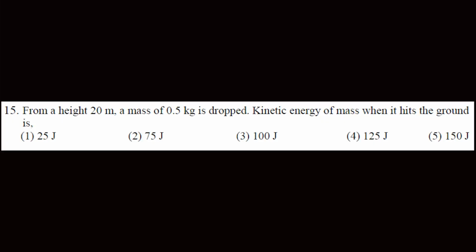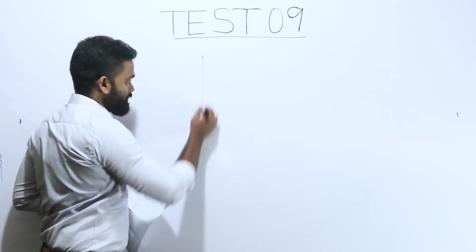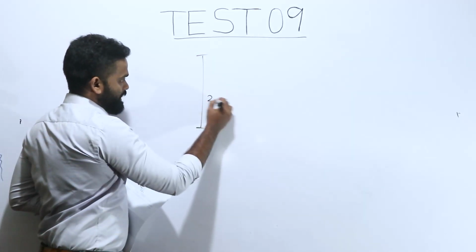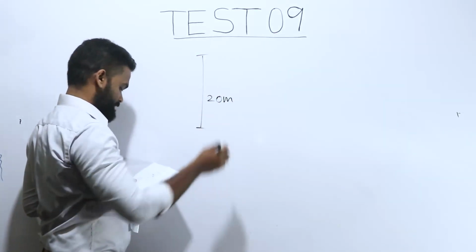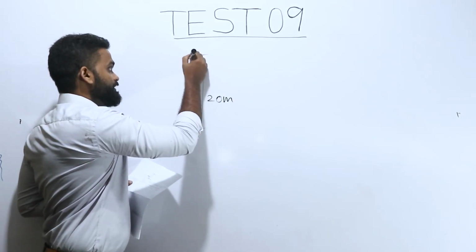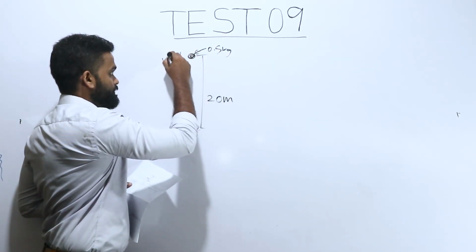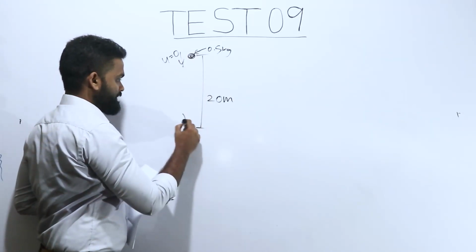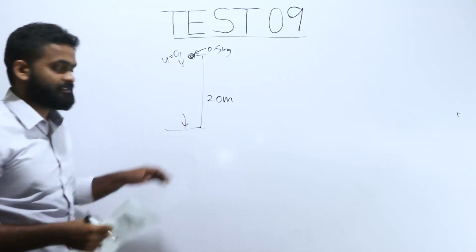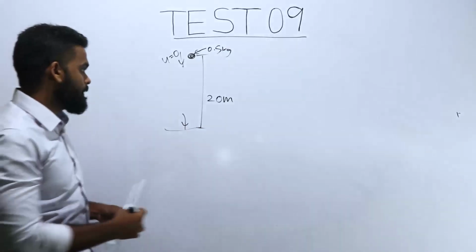15th question. From a height of 20 meters, a mass of 0.5 kilogram is dropped. The kinetic energy of the mass when it hits the ground is? So there is a height of 20 meters, 0.5 kilogram is dropped, initial velocity 0. What they ask is the kinetic energy it gains as it hits the ground.